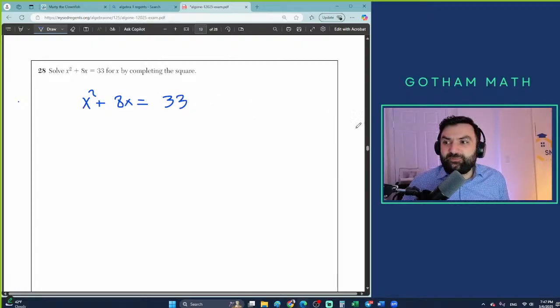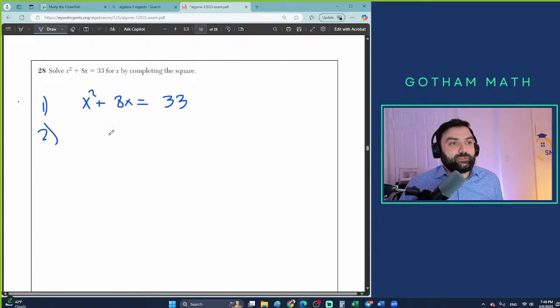So x squared plus 8x. Step 1 would be to put the constant value, the one that has no x, on the right side. Guys, by the way, if you don't know how to do the completing the square method, please write it down as I do it, just as practice. You need to know how to do it, and it's really important for the Regents. So that was step 1, to make sure that the constant number, the regular number with no x, is on the right side.